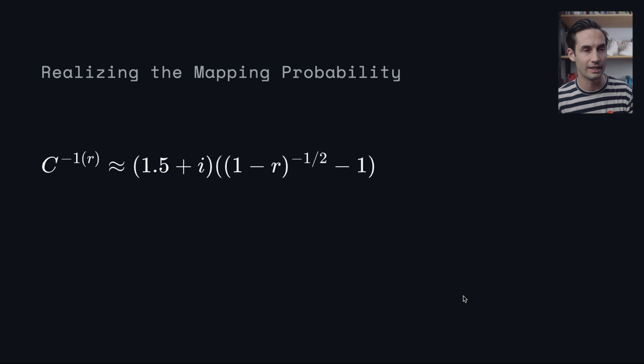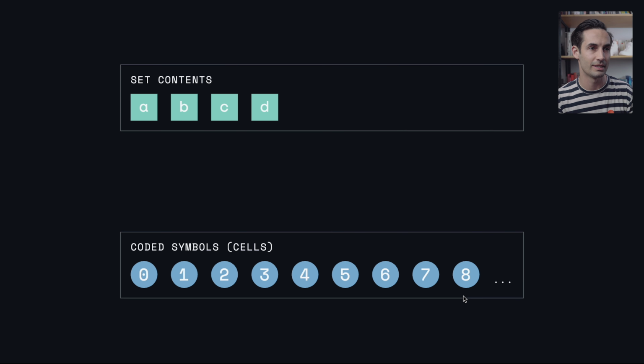Anyway, the second thing that they have to do is figure out how to do this efficiently, right? So if we consider that given a specific set, we want to have the right number of elements mapped to each thing with this probabilistic curve and decrease. But the naive approach would be to take every element in your set and iterate every symbol by every element. And you can see how this would get really computationally expensive really fast.